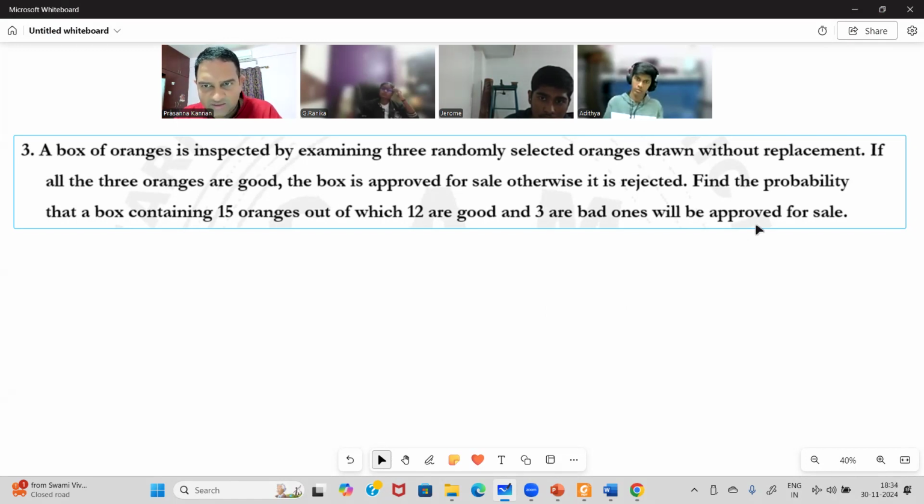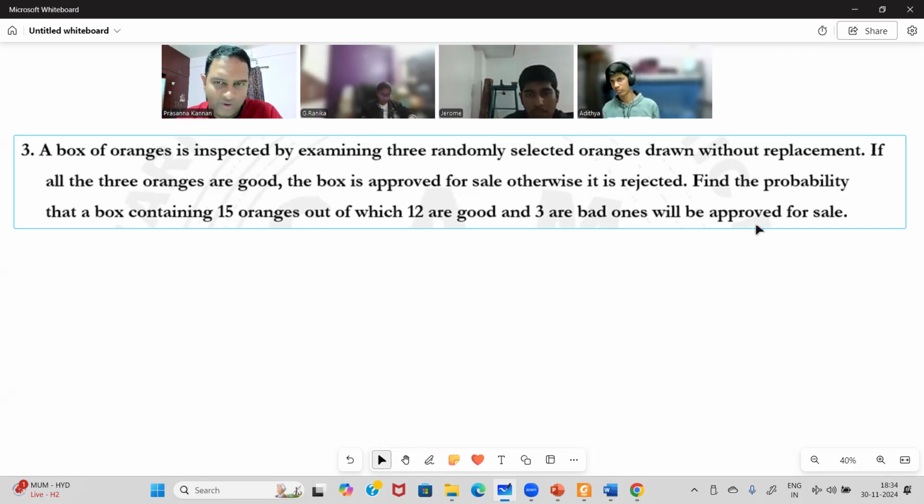So how many oranges are there? Totally 15 oranges. Out of which how many are good? 12 are good. How many are bad? 3 are bad. Now, whether this box will be approved or not depends on you selecting 3 oranges randomly.